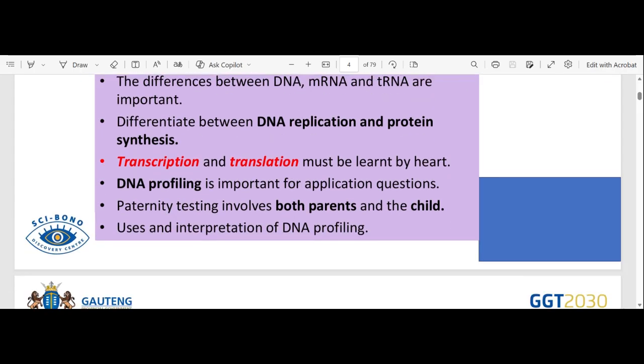The sixth point is that you need to understand the importance of DNA profiling, and how you apply it, especially when it comes to paternity testing and identification of criminals. So you need to understand the application of that. Our second last point is paternity testing involving both parents and the child, as I've alluded to, and the uses of DNA profiling.